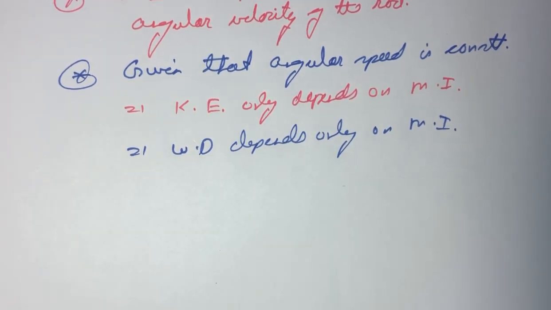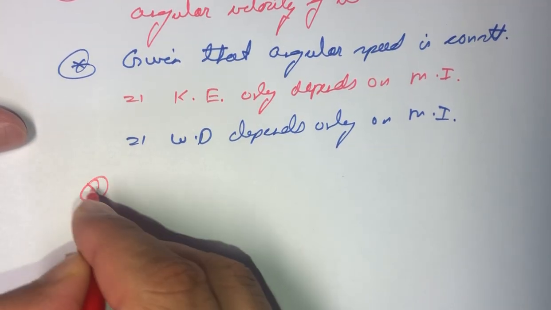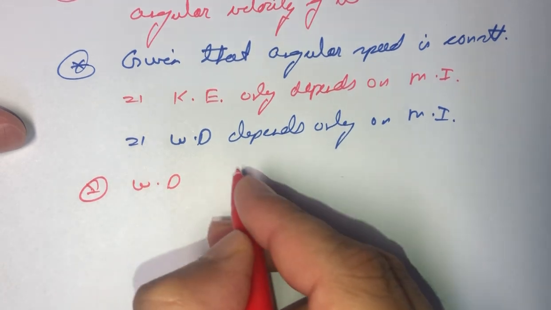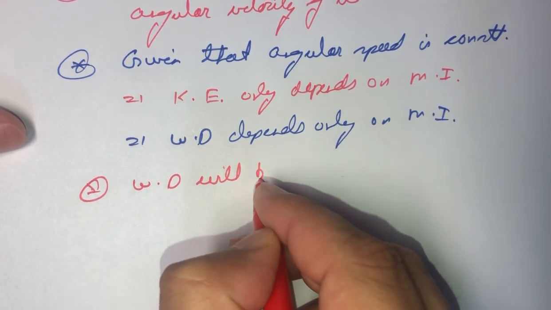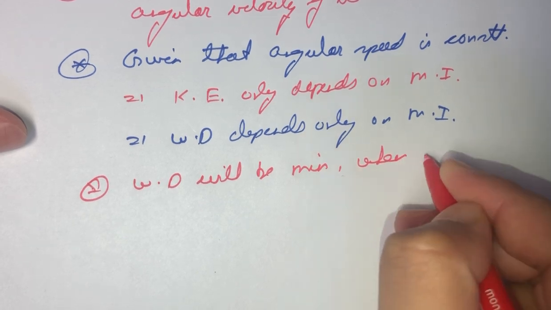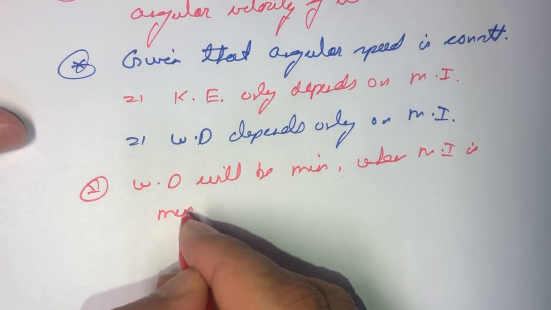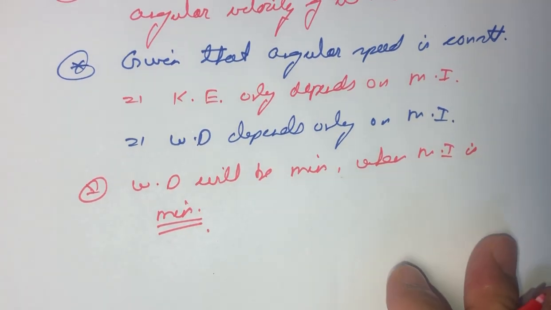So for the work done to be minimum, the moment of inertia should be minimum, or we can say that work done will be minimum when moment of inertia is minimum.